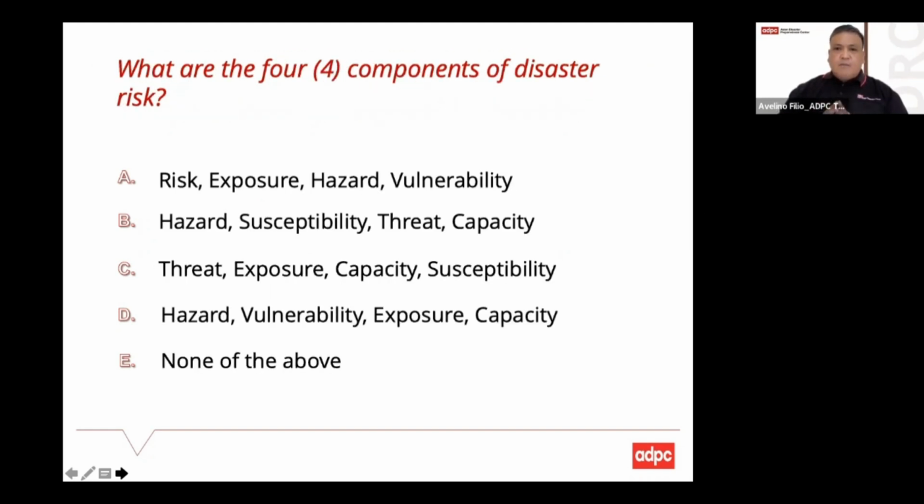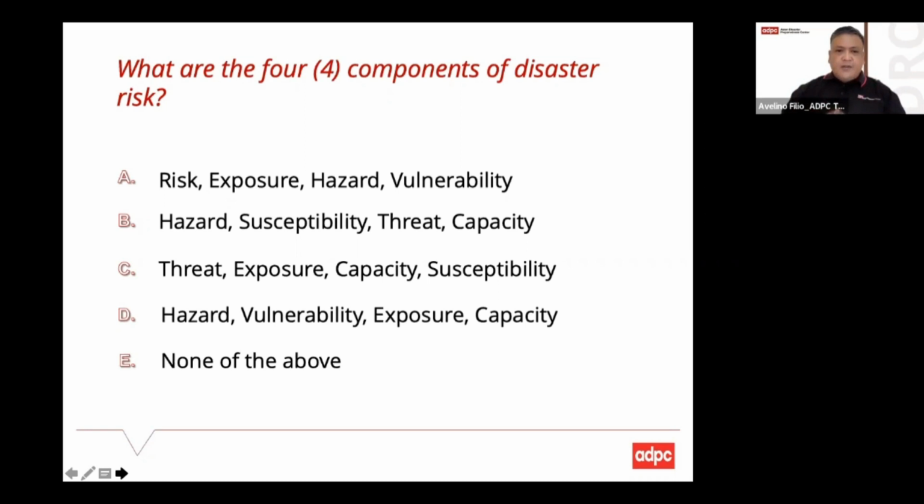Now, what are the 4 components of disaster risk? If you will notice, in those choices, 4 terms were already covered. So A, risk, exposure, hazard, vulnerability. B, hazard, susceptibility, threat, and capacity.